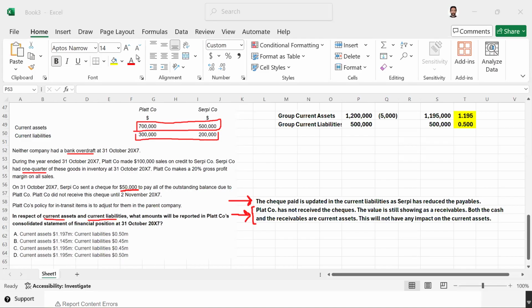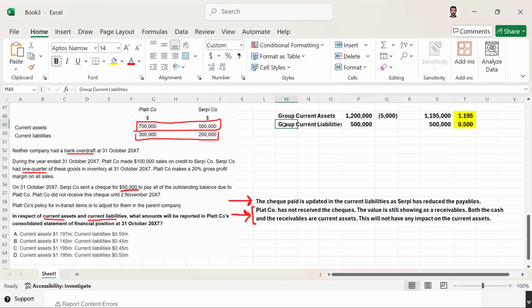Yeah, we're talking about the group accounts. In the group accounts, the current assets of the group have this 50,000 as receivables. But when the cash is received, no, you need to understand there is current assets and current liabilities.